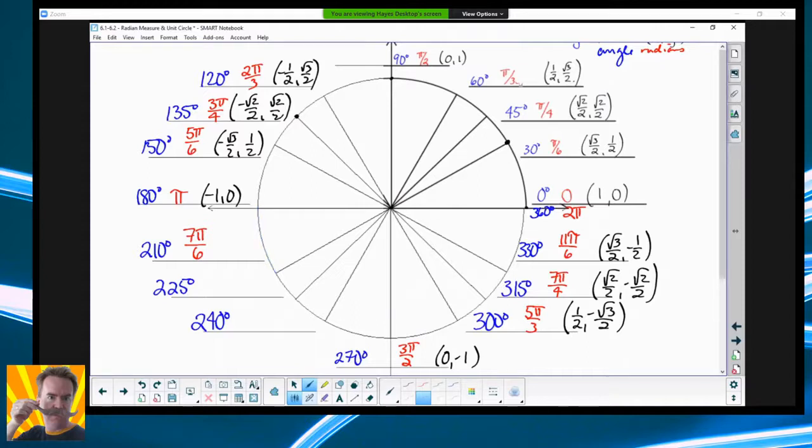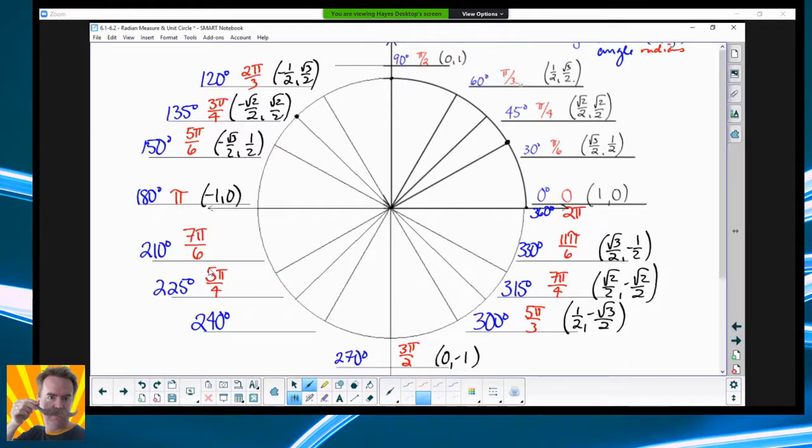225, I can multiply by pi over 180, get 5 pi over 4. You could also reason your way through it. This is pi over 4. This is 4 pi over 4. So 4 pi over 4 plus pi over 4 is going to give me 5 pi over 4.